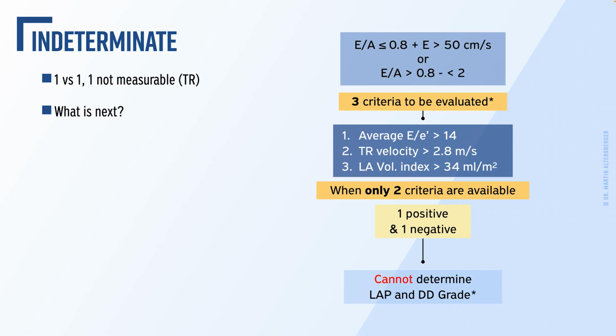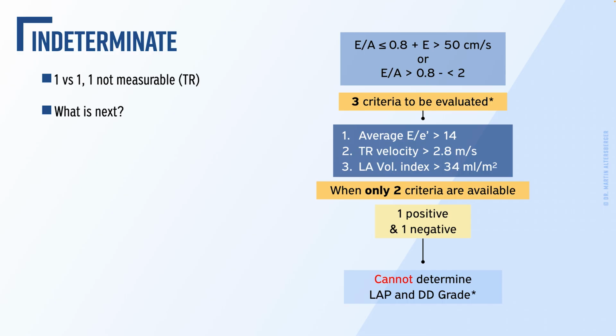So you have one positive, one negative, and then it's basically not possible to determine if left atrial filling pressures are elevated, and grading of diastolic dysfunction is also not possible. But for those situations, we have, first of all, the pulmonary vein signal, but also left atrial strain.